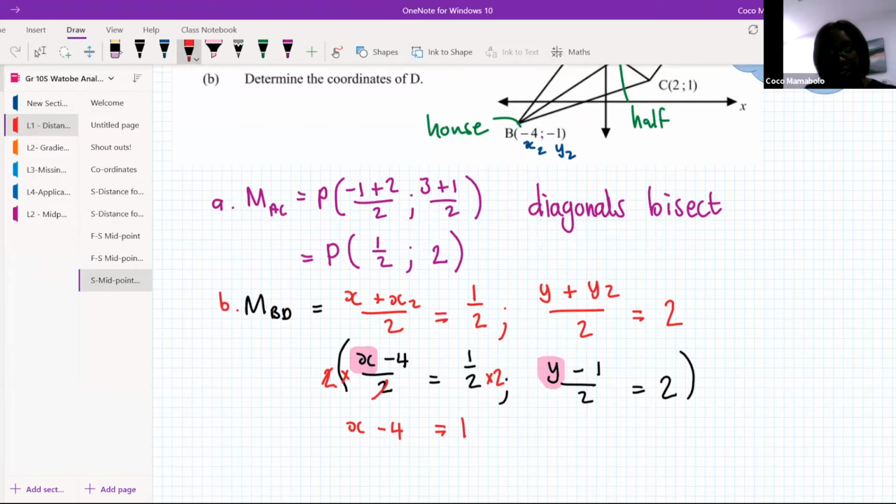You've got it. This side, same thing. I'm going to go on this side and multiply by 2. Good, and multiply by 2. Good. 2 divided by 2 will cancel, and on this side I will have Y minus 1 is equal to 2 times 2 will give me 4. And then I can solve for Y.